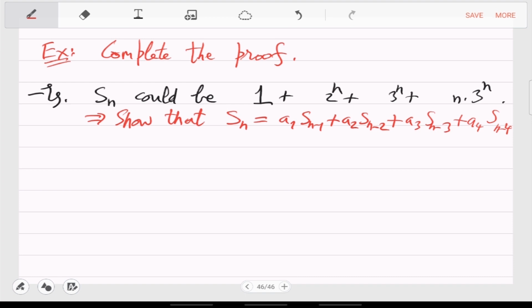Okay. So now we will look at a more complicated generating function. So what happens if this generating function that we are looking at, G(t), is not a rational function?